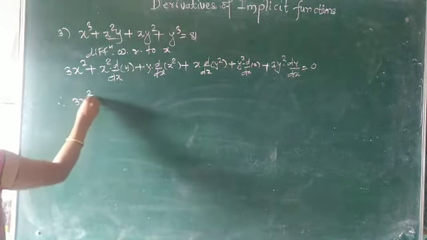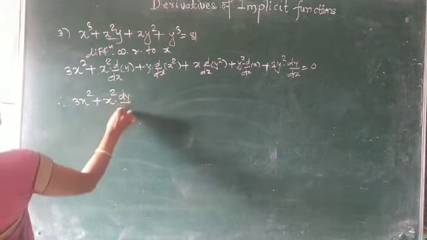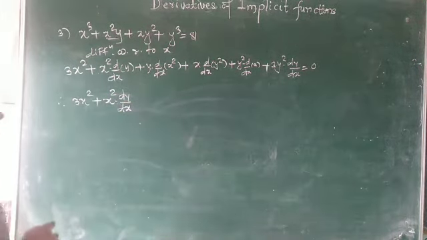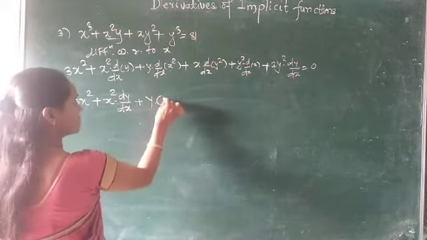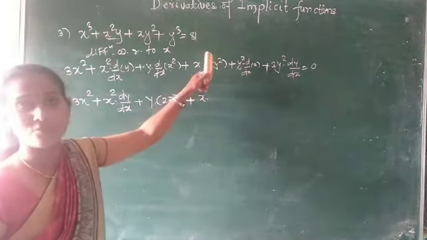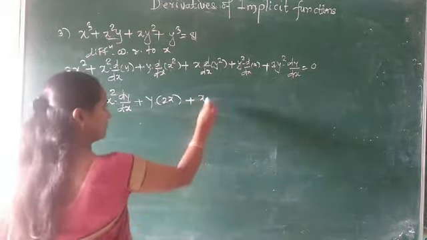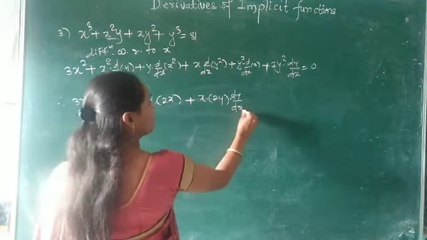Therefore, this 3x square as it is plus x square into dy upon dx plus y as it is into derivative of x square is 2x plus x as it is into derivative of y square, 2y into dy upon dx.